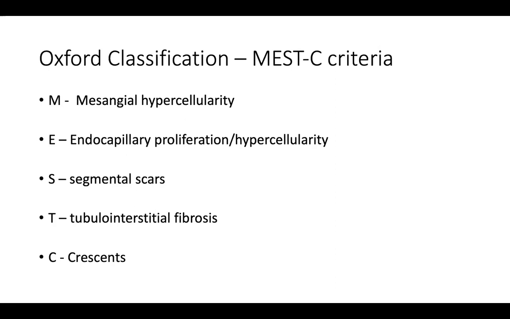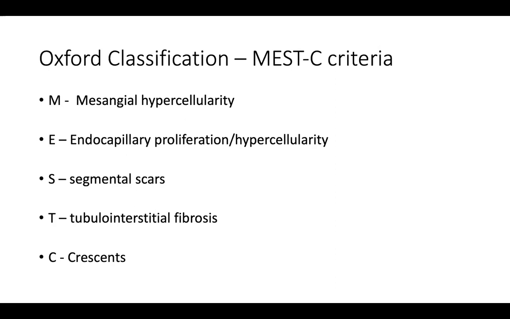Endocapillary proliferation is too many cells within the capillary loop, that it's actually plugging up the capillary loop, and the loops are now closed because they're filled with stuff. So that's endocapillary proliferation. Mesangial hypercellularity is just too many cells within the mesangium, but then the capillary loops themselves are open.